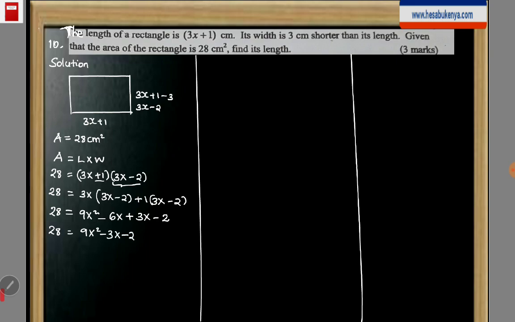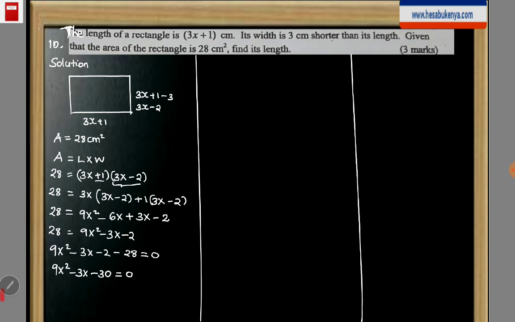Putting all the terms on one side, we will have 9x squared minus 3x minus 2 minus 28 is equal to 0. So 9x squared minus 3x, negative 2 minus 28 is negative 30, which is equal to 0.